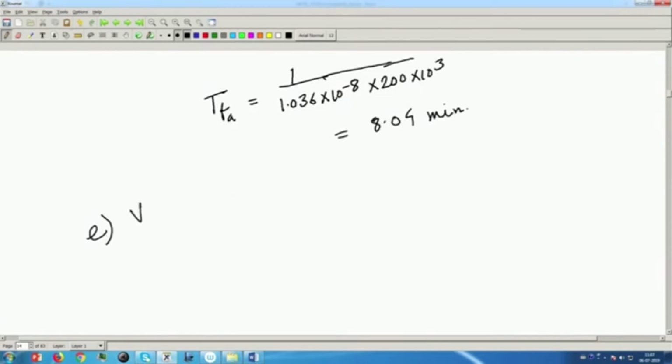Now in this case let me call the threshold Vt double prime.